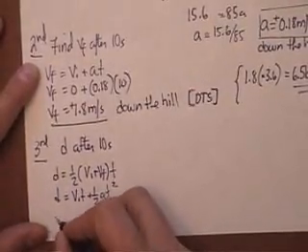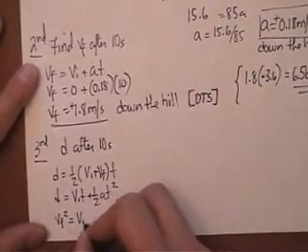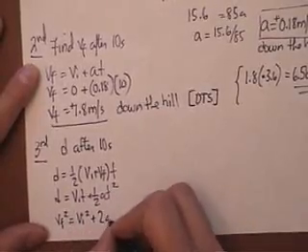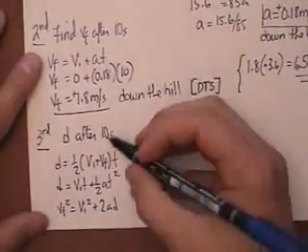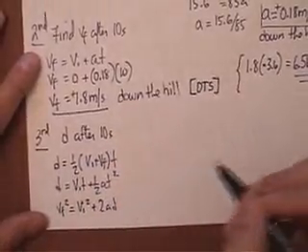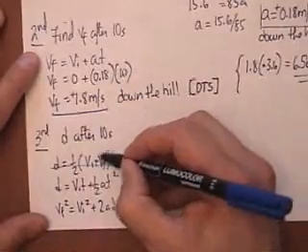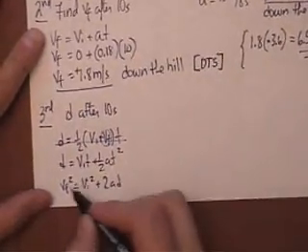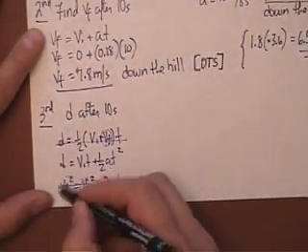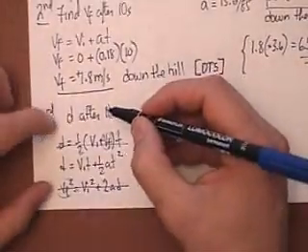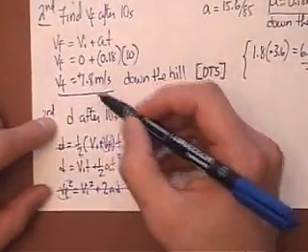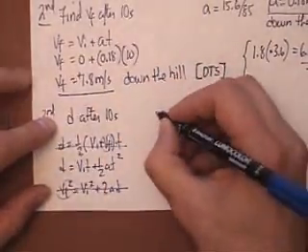And you can use Vf squared equals Vi squared plus 2ad. Three choices. Distance, distance, distance. I am not going to use the first one because I found my Vf, and I don't want to use it in my equation because I might have got this wrong. The same goes for the last one. So I'm going to use this one here.